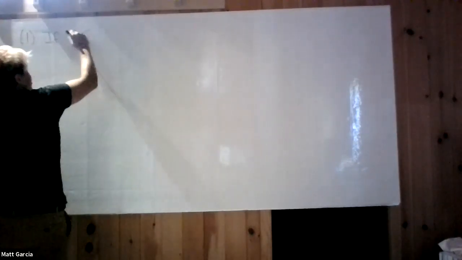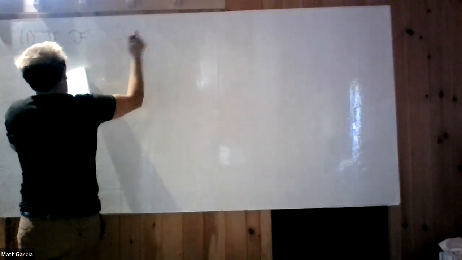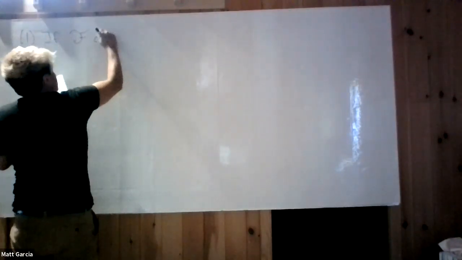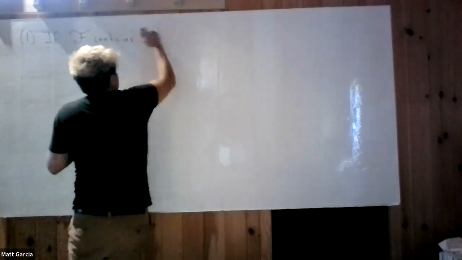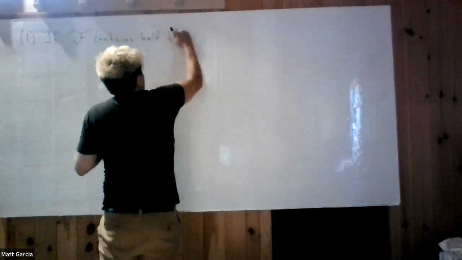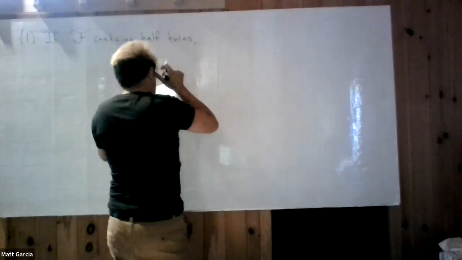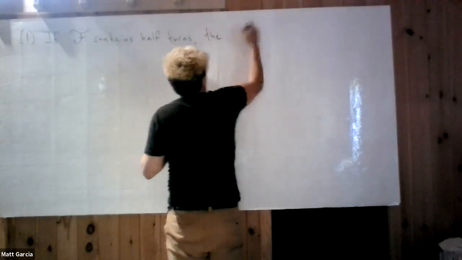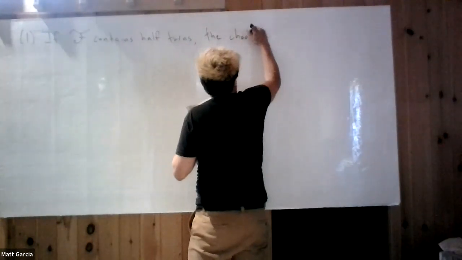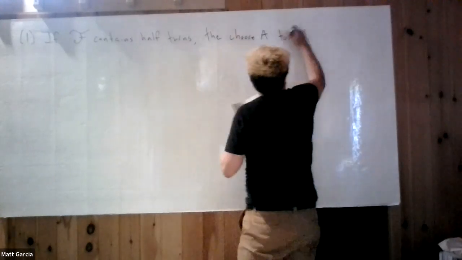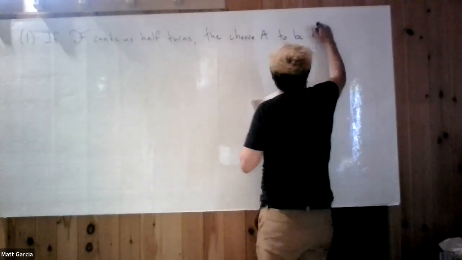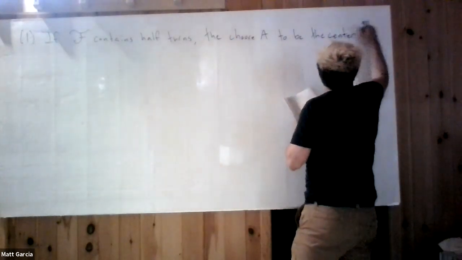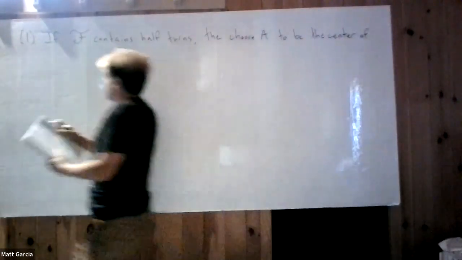So the first case, case 1, is if our freeze group F contains half turns, then we choose A to be the center of one of those half turns.